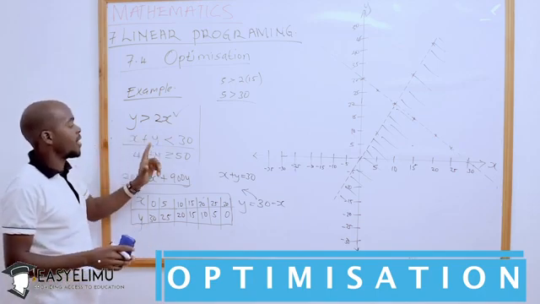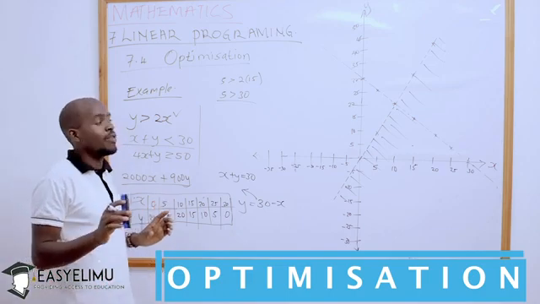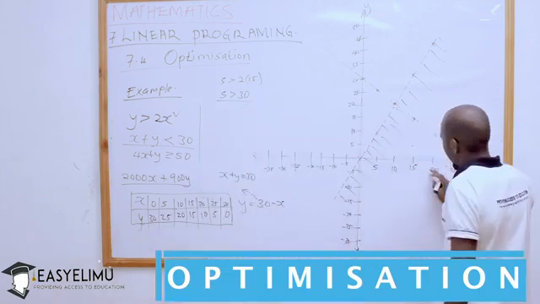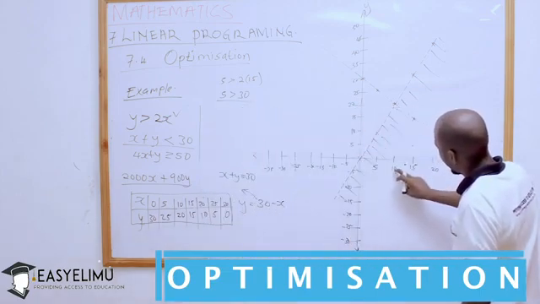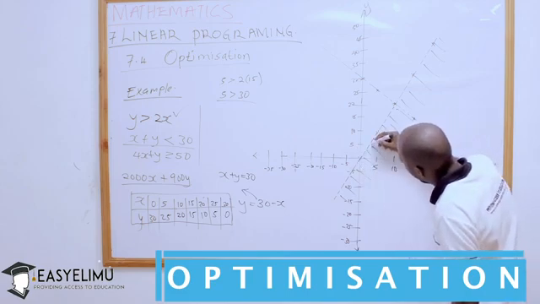Now I need to identify this linear inequality, and I will select one point which is on one side of the line. Let's take (5, 5), a point here.